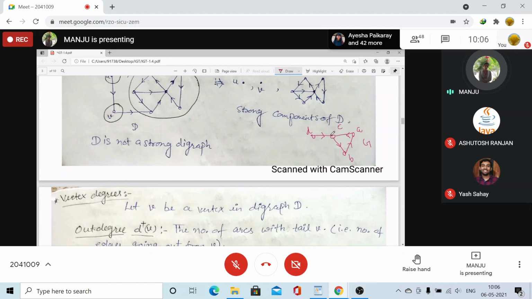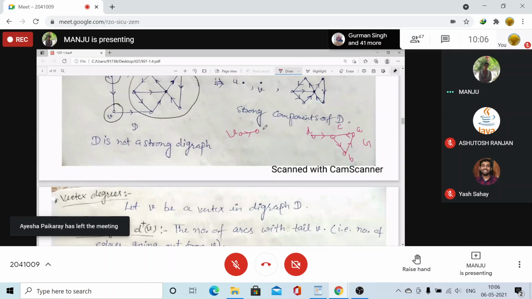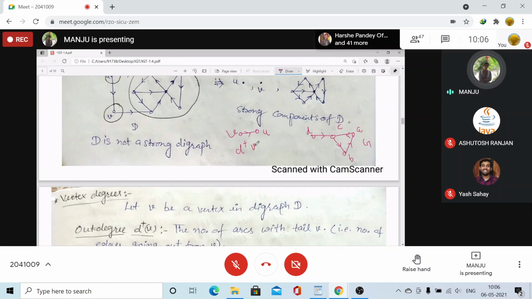Or you can also say the number of arcs, directed edges, with tail V. If V is the vertex over here and U is vertex over here, then out degree is represented by OD or D plus of vertex V that accounts for the number of arcs going out of the vertex, or you can just say with tail V. And in degree constitutes the number of arcs with head V.